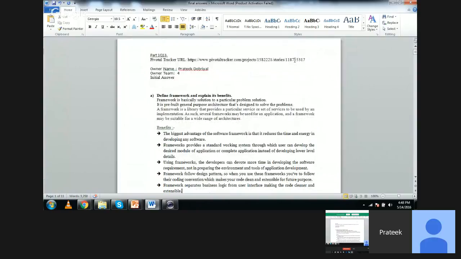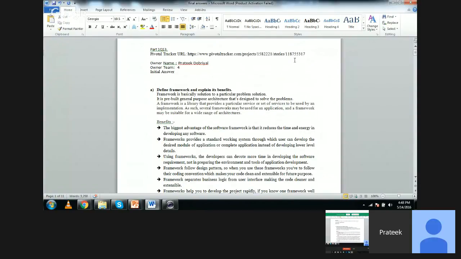Okay, and coming to your answers, firstly, define framework. Bullets and numbering. Firstly, like you have done in Word, but in your Google Docs, where I can view your answer, your bullets were not proper, they were different symbols.